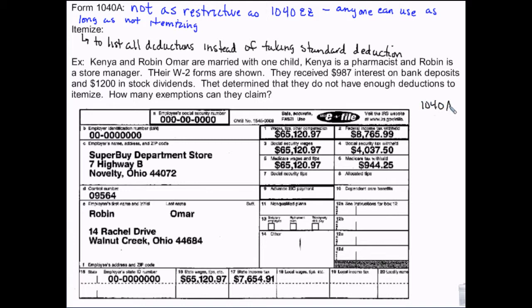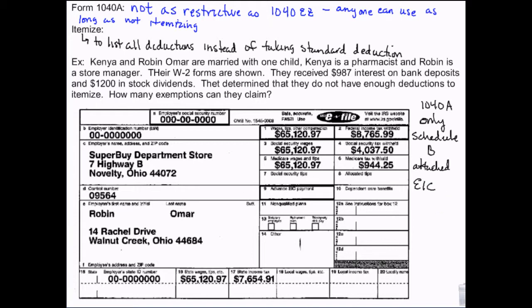With the 1040A, you can have only a Schedule B attached, or you can have the earned income credit. There's just a couple of things, whereas the 1040 allows you to attach like every possible form.